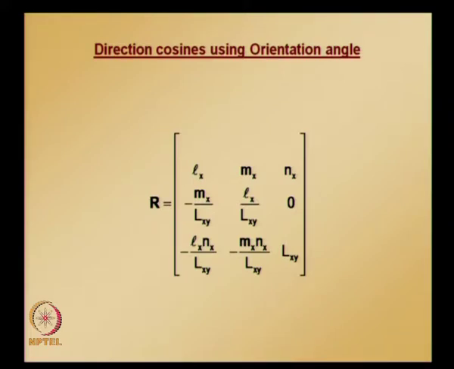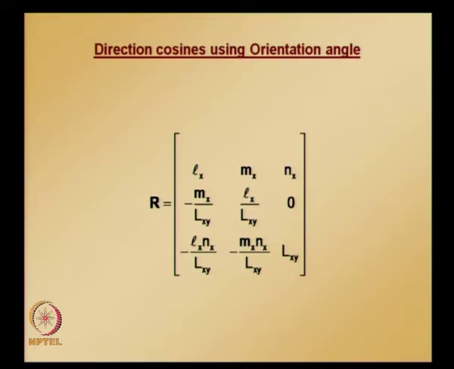for the case in which the local x axis lies in the same plane as global xy. Here you can see Lxy is in the denominator. By definition, Lxy, if you recall, is the square root of Lx square plus Mx square. In case Lxy is 0, we will have a problem in calculating.